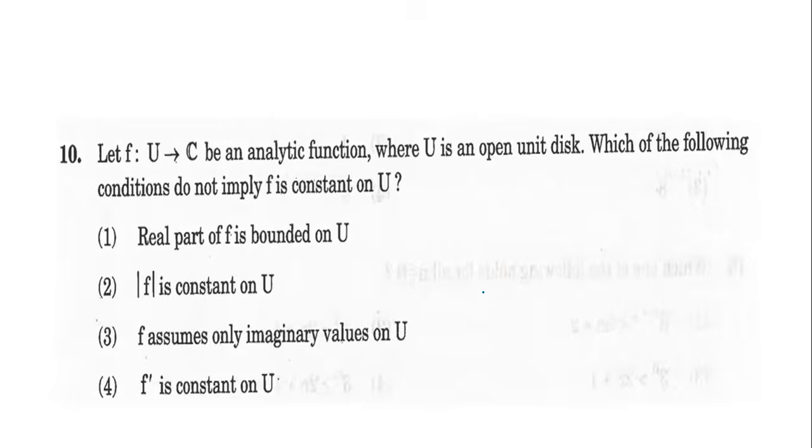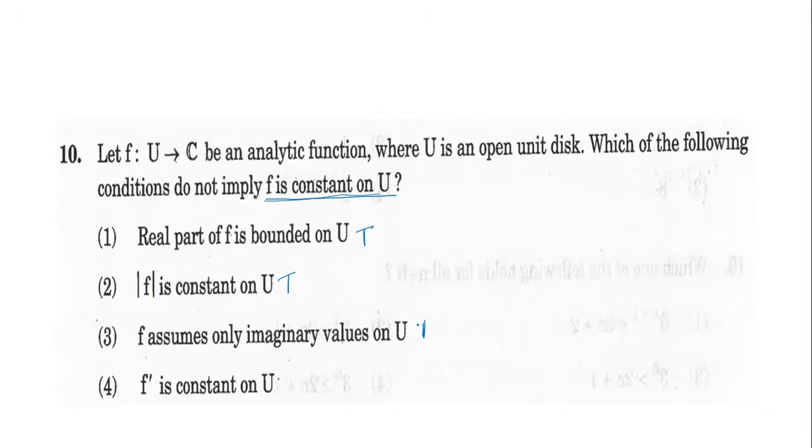Now see options. u is unit disk, which of the following do not imply f is constant? Real part of f is bounded on u. This is true statement. In this case, f is constant. Modulus of f we already saw. This is true statement. f assumes only imaginary values on u.